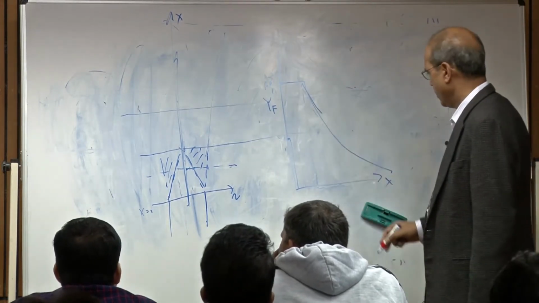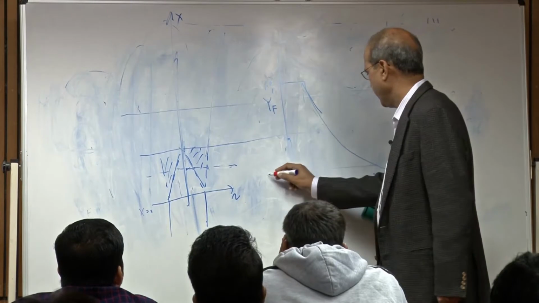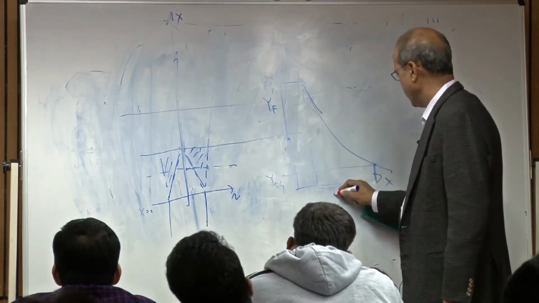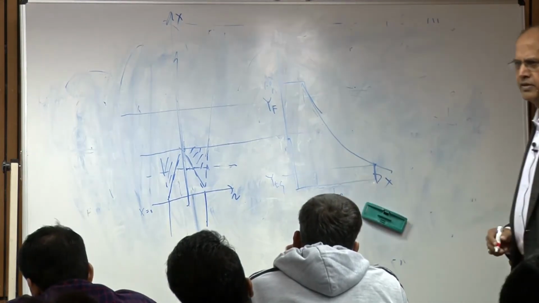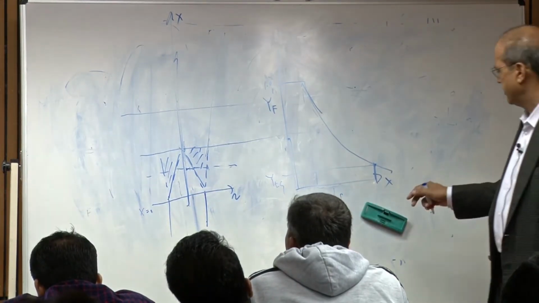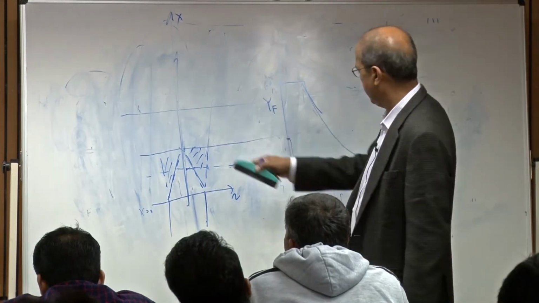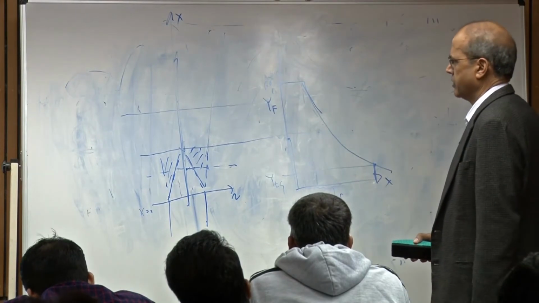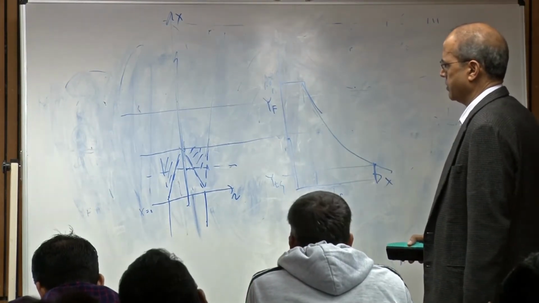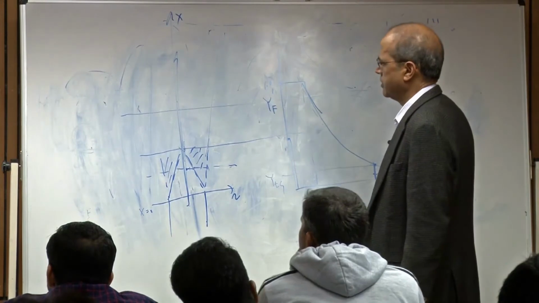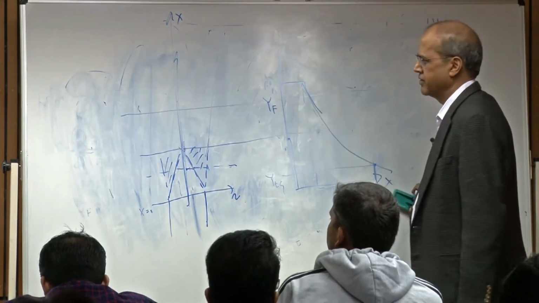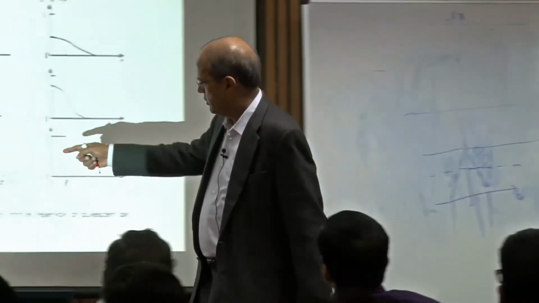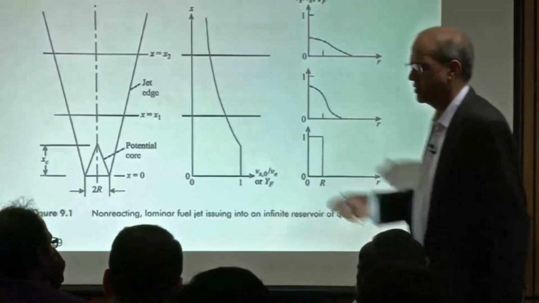Where the value is 0.055, or Y_FS, that value of x gives us the flame length. It is showing a little differently: Y_F is plotted on the x axis here, and I am plotting it on the y axis. Maybe that way is better because it shows the center line, but it is the same behavior. It is constant up to here, and then it decreases.